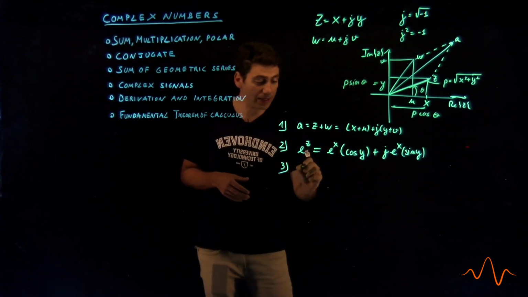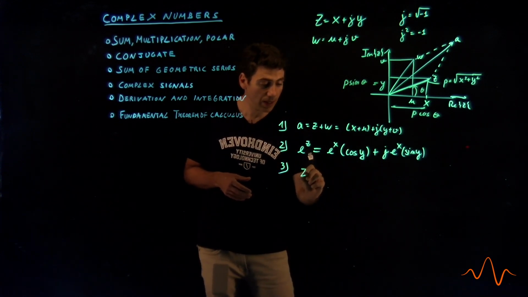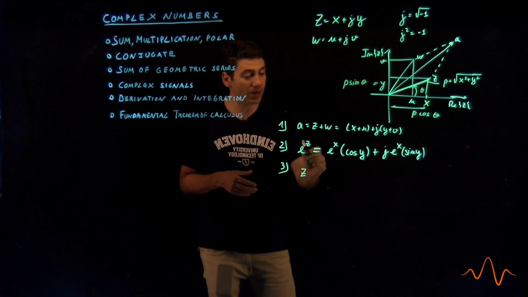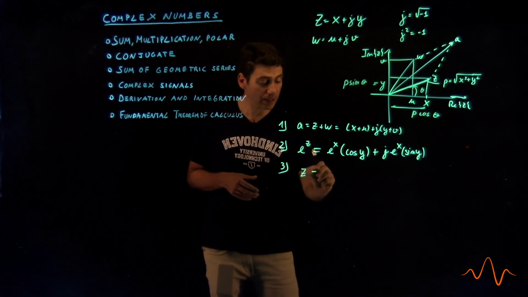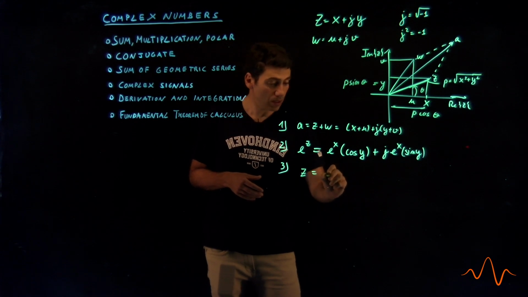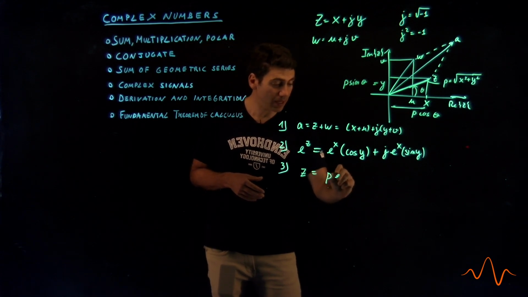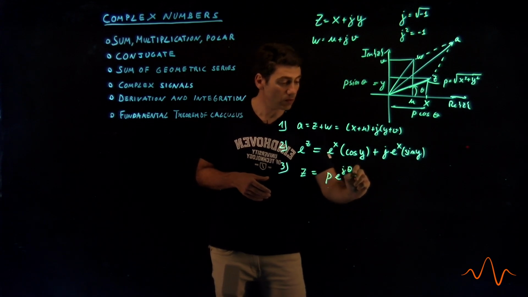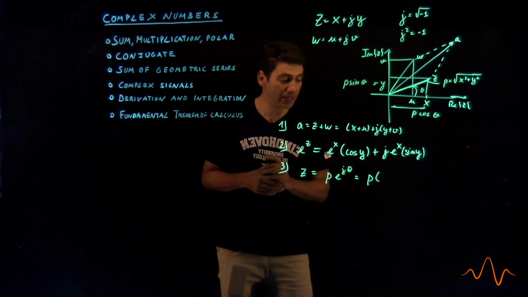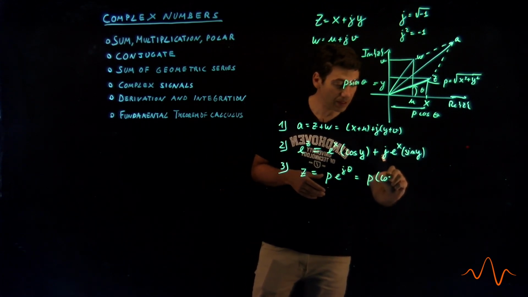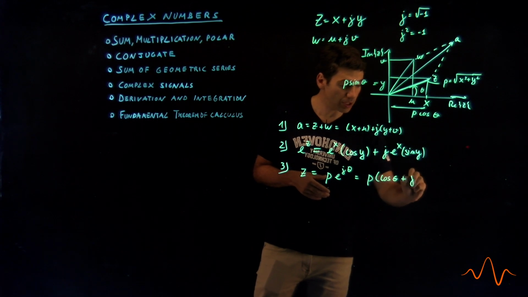So basically I can write z, looking at the formula that we have here for e to the power of z, as rho times exponential of j theta, which is nothing more than rho times, using this definition with x equals 0, cosine of theta plus j sine of theta.